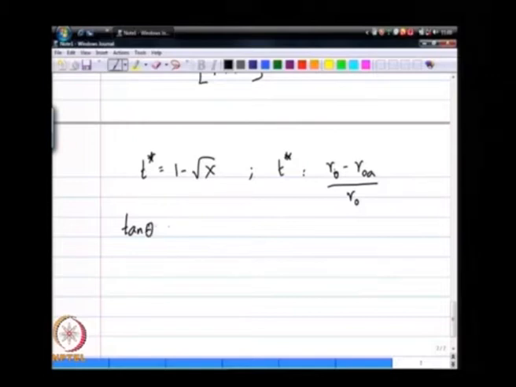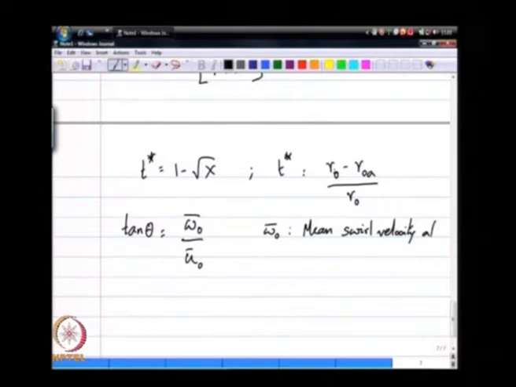A simple trigonometric calculation would tell us that the cone angle is that, where W 0 bar is the mean swirl velocity at the exit, and U 0 bar is the mean axial velocity at the exit.